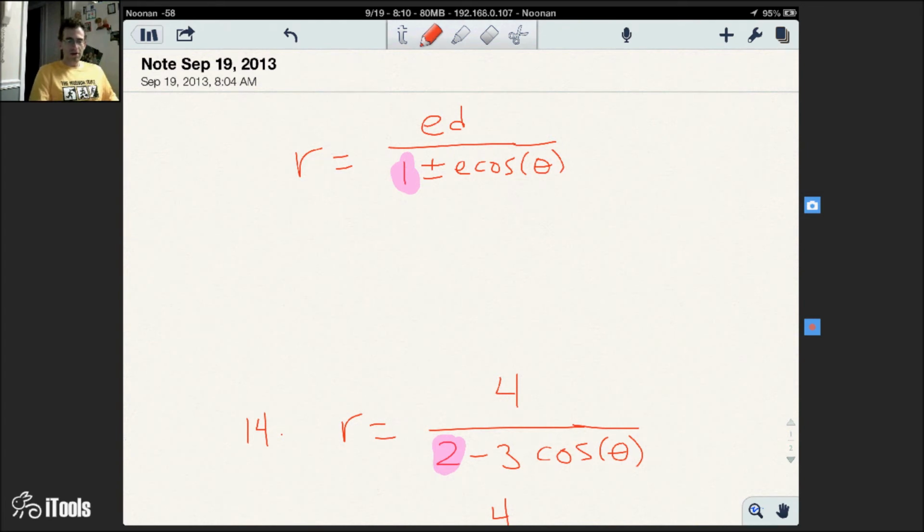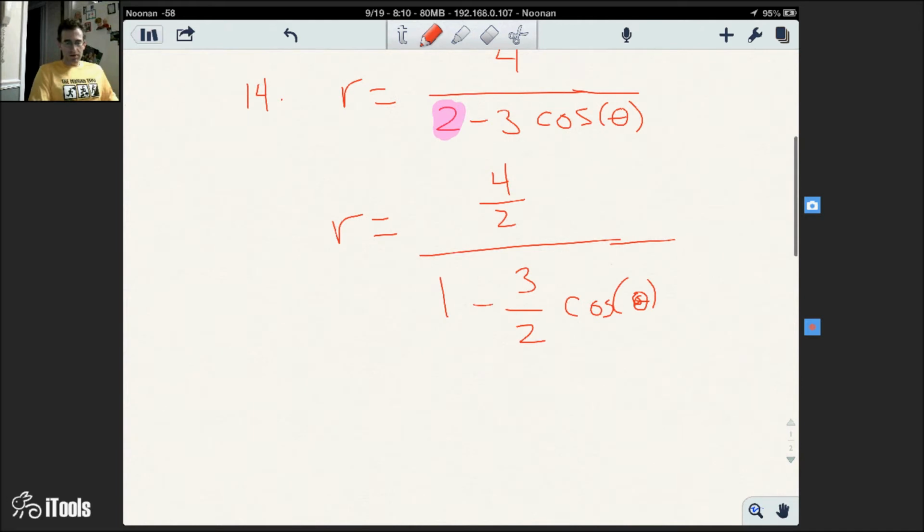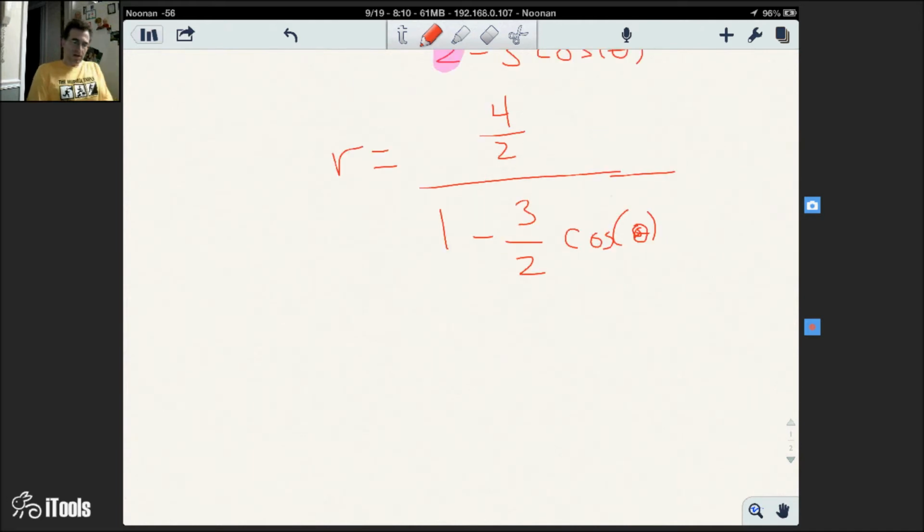And so down here, since this is 3/2 times the cosine, the eccentricity of this conic section is 3/2. Now just to remind you, an eccentricity greater than 1 is a hyperbola, an eccentricity equal to 1 is a parabola, and an eccentricity between 0 and 1 is an ellipse. And so this thing's a hyperbola.